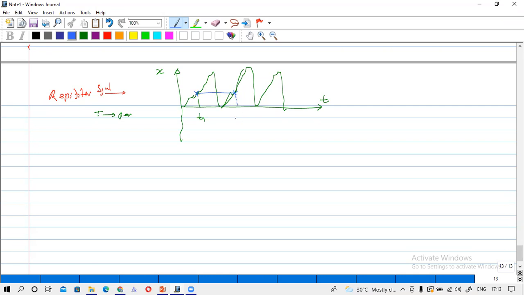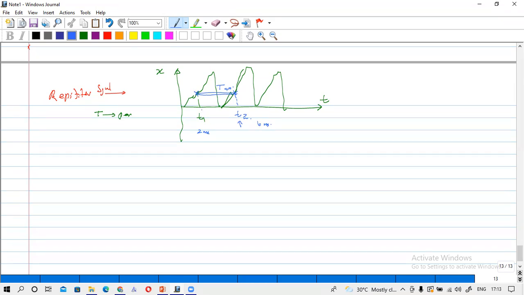So let's say this point is T2. What is this duration? This duration is T. Let's say this T1 is 2 millisecond and this T is 4 millisecond, for example. So T2 is nothing but 6 millisecond, no?